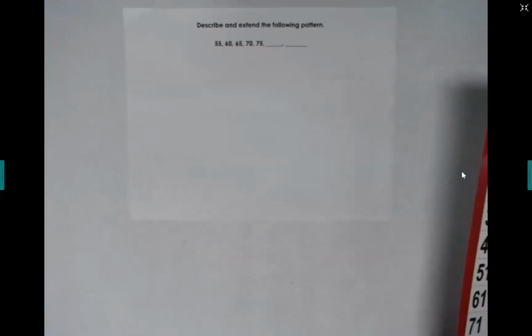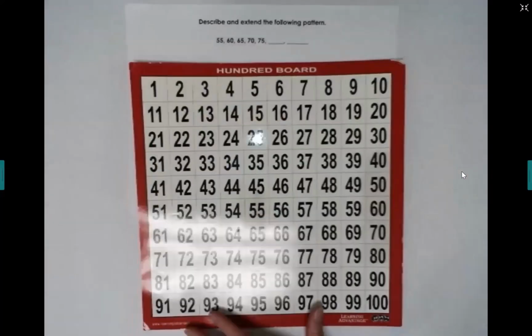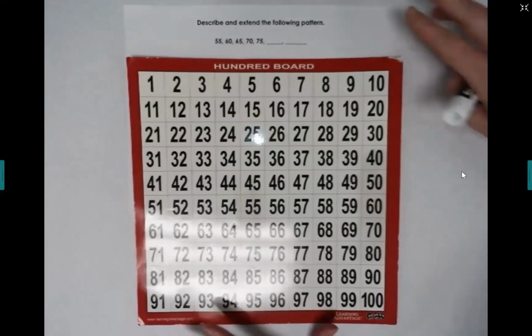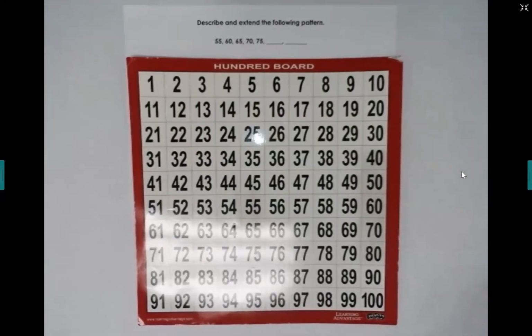So a great tool that students can use when you have larger numbers like this, since building 55, 60 with snap cubes would be way too much. I could use base 10 blocks, but the hundreds chart works great as well. So at the representational level, I'm going to use this hundreds chart.